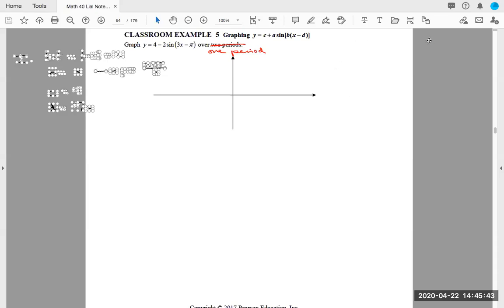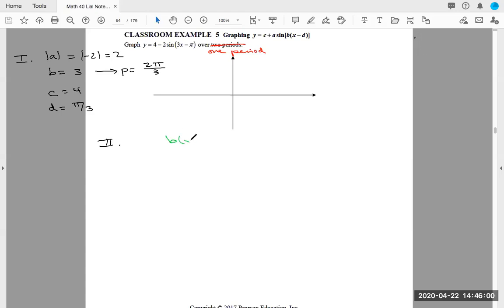Okay, so then step 2 is next. We need to find the values for x by putting b times x minus d between 0 and 2 pi.